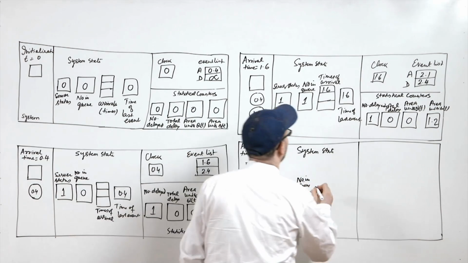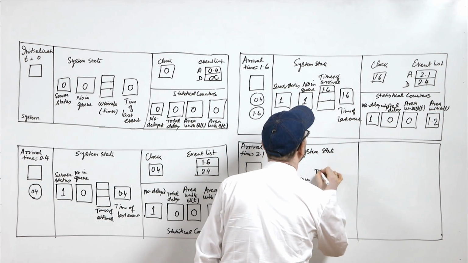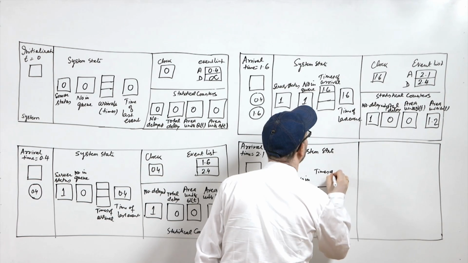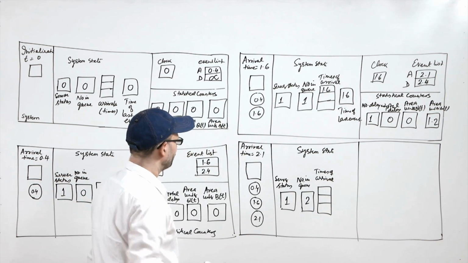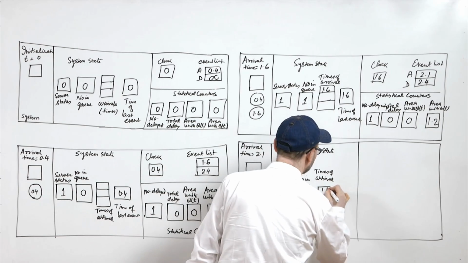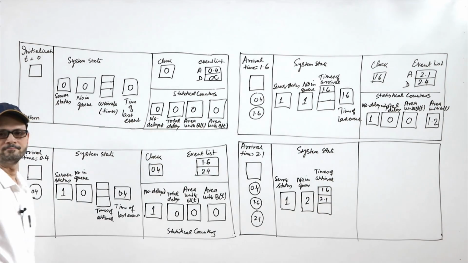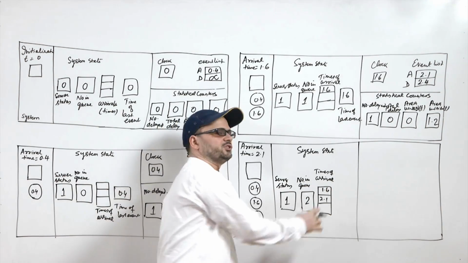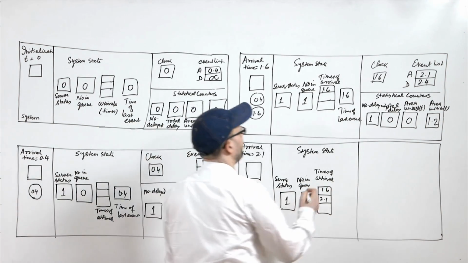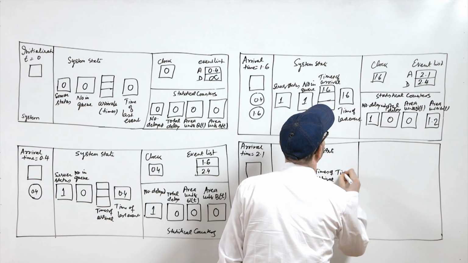Then you have times of arrival. You had 1.6 and then another has come at 2.1. This is just to store the additional arrivals which are occurring, and then the time of the last event is 2.1.